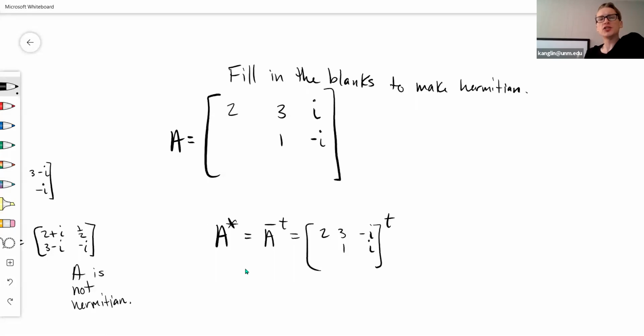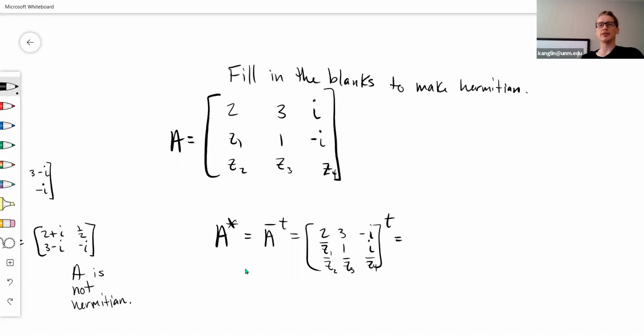And I don't actually have entries for the rest of them, so let me just write Z1, Z2, Z3, Z4 here. Now, when I take the conjugate, that means those are all conjugated: Z1 bar, Z2 bar, Z3 bar, Z4 bar. So there we go, we did that.